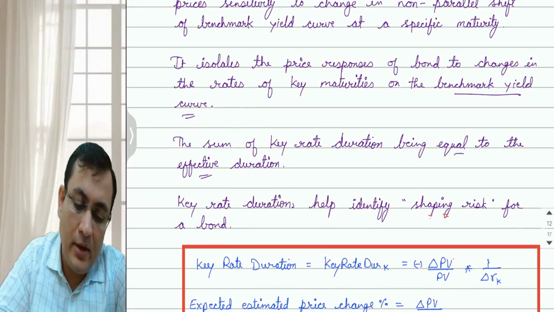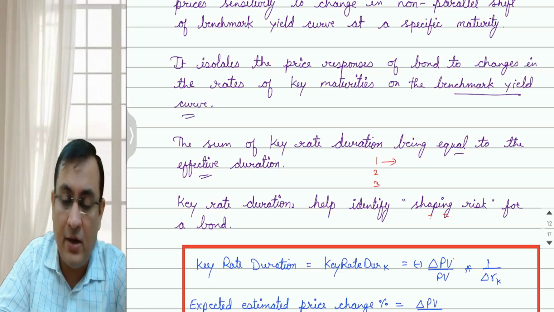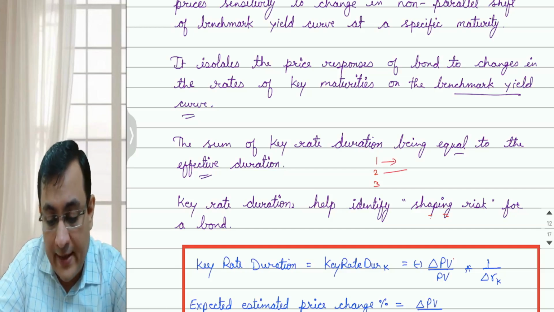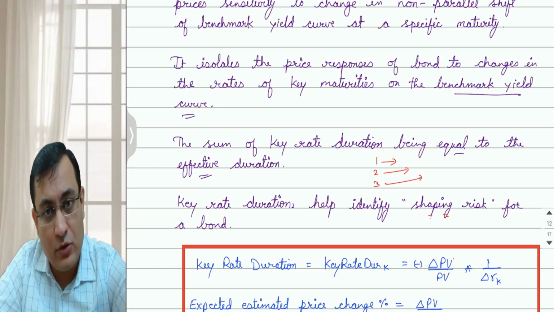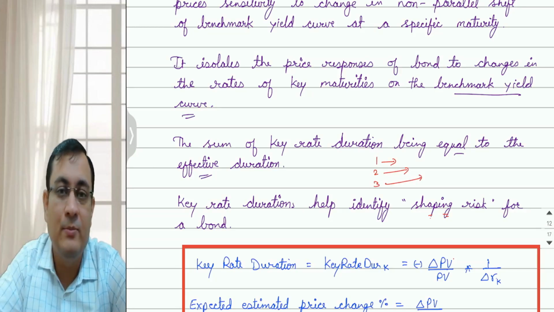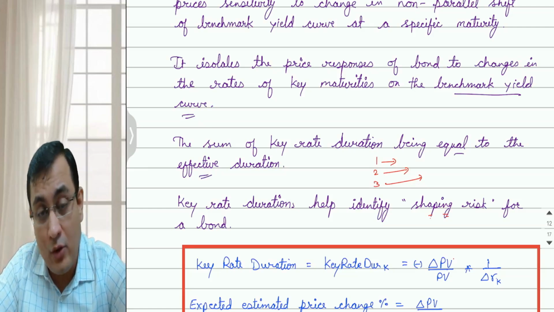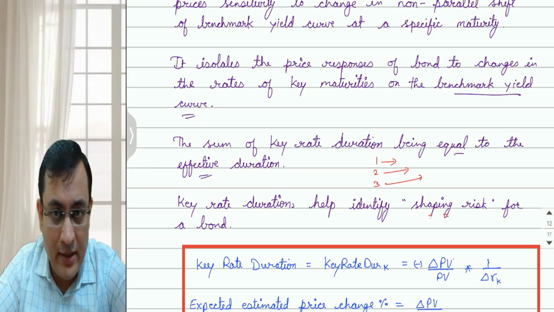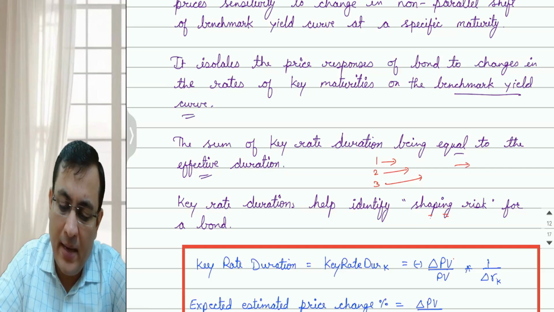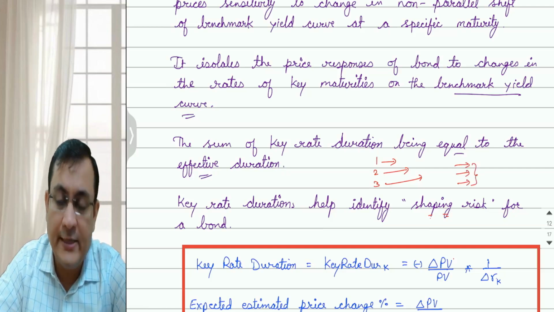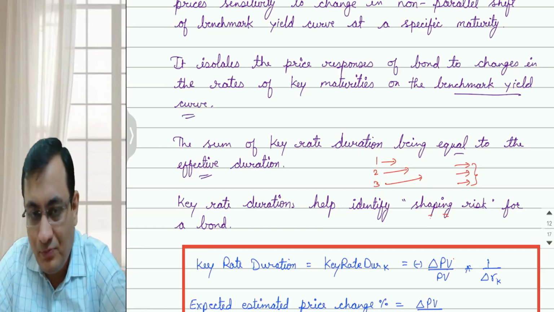Why? If a bond is of 3-year tenure, year 1, 2, 3, and only the 1 year yield is changing, of course, the bond price will change. If only the second year yield is changing, of course, the bond price will change. If only the third year yield is changing, of course, the bond price will change partially. But if the yields at all three tenures, 1 year, 2 year, 3 year, change by an equal rate, of course, the overall change in the bond value will be equal to the sum of individual changes.